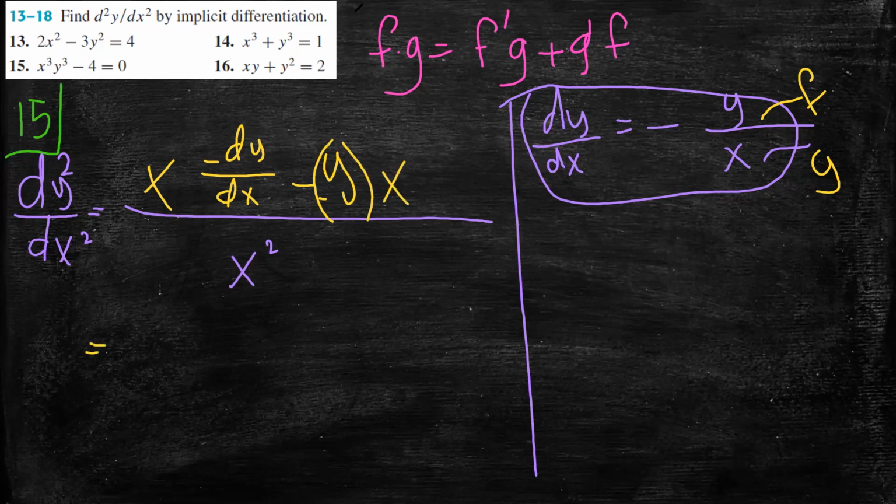So it is x times negative. What is dy over dx? It's negative y over x. Negative of negative y over x, y over x. Yes. Teacher, why is it negative dy over dx? Because it's negative y here.